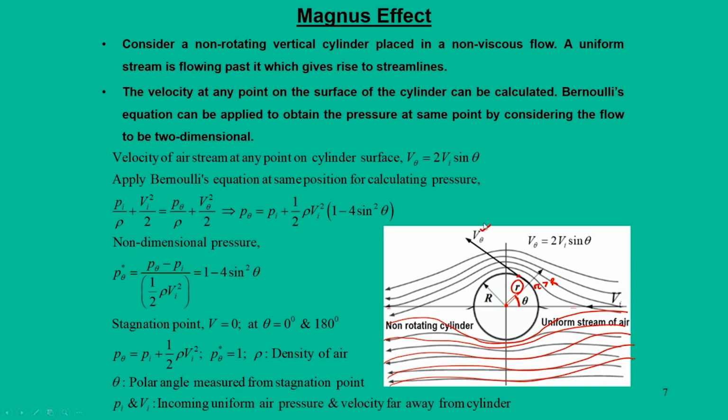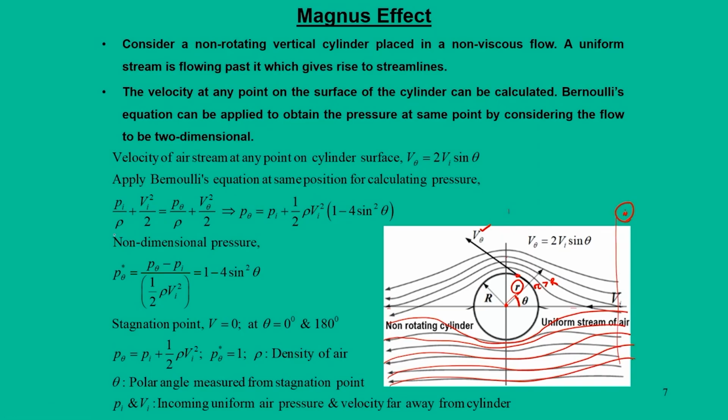So, we will have a velocity V theta, and that will define its velocity. Once you know this velocity, we can also apply Bernoulli's equation to find the pressure. There are two locations, one is the free stream location and the other is at location theta, which means on the surface.